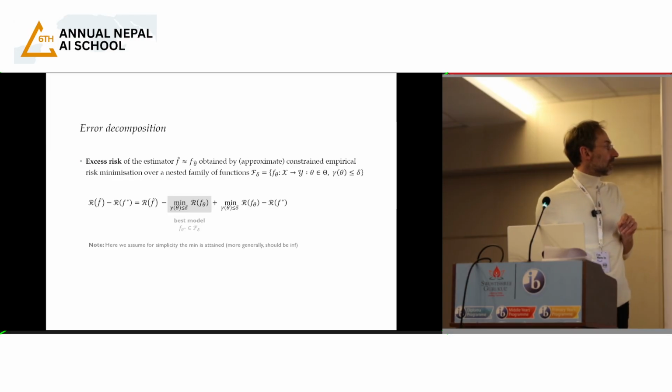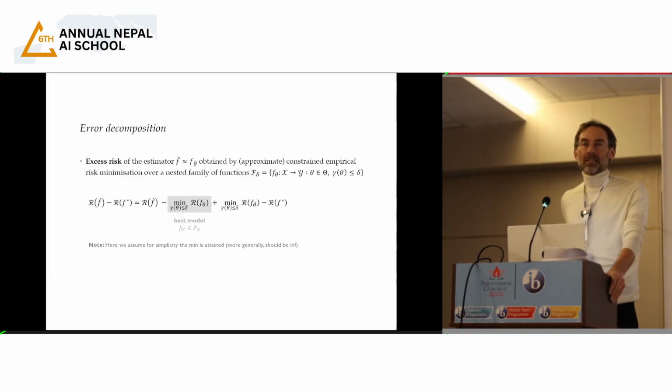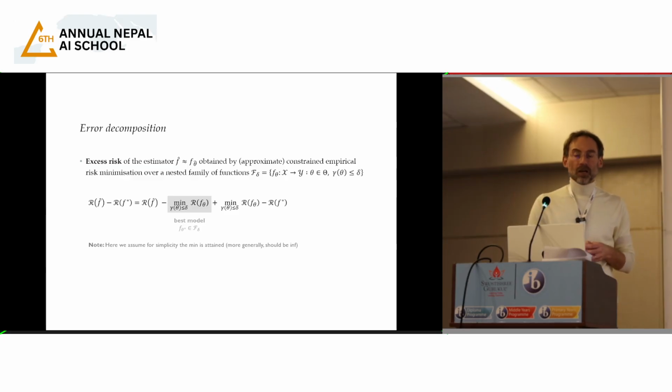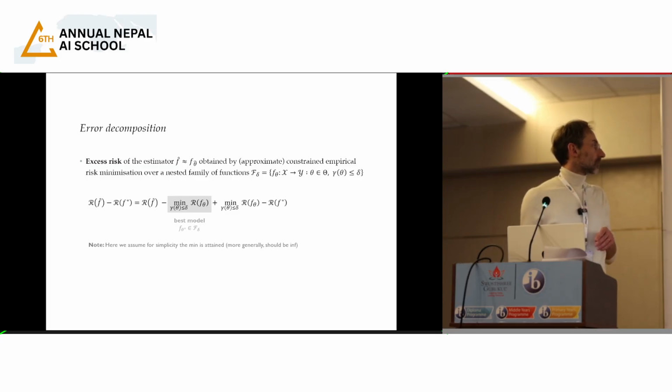What is written here is the best model in our class. I remind you that f sub delta means all our parametric functions with capacity delta. So I basically restrict myself to a certain class of functions with certain capacity. This is my best model in my class, so let's call it f theta star.